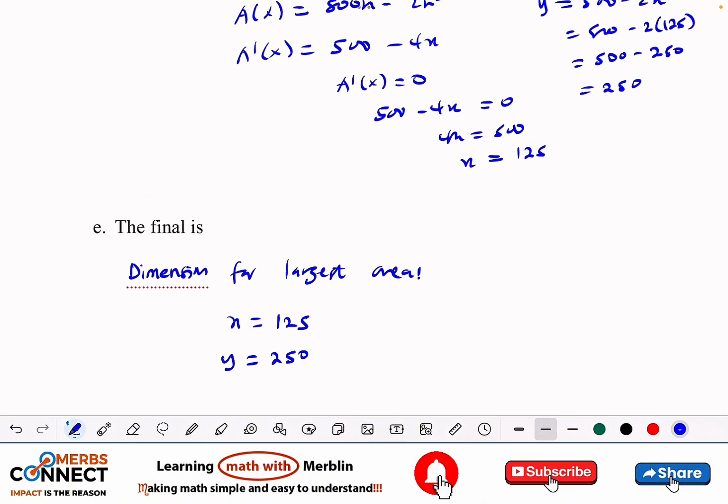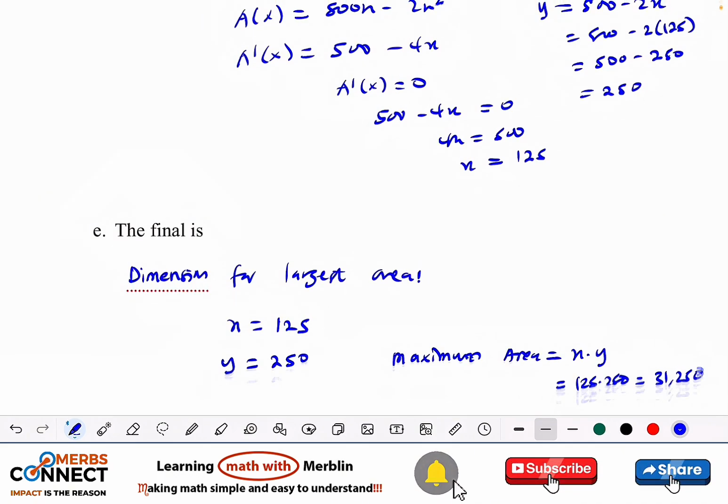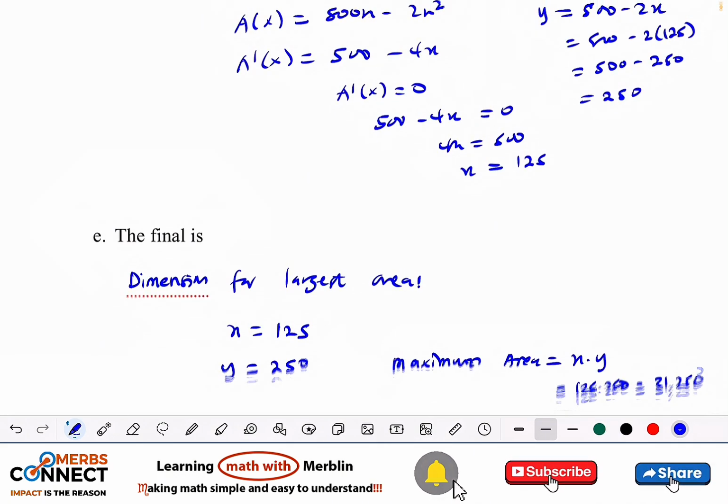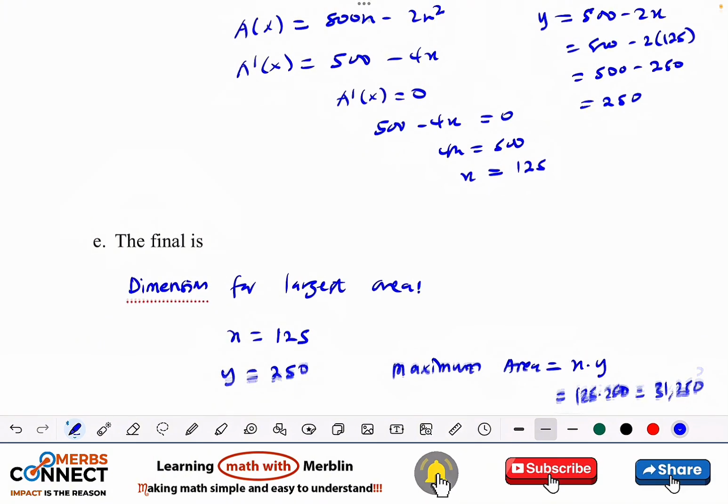So the maximum area will be equal to x times y, which is 125 times 250, and this is going to be 31,250 square feet. So this will be the maximum area that you are going to get.